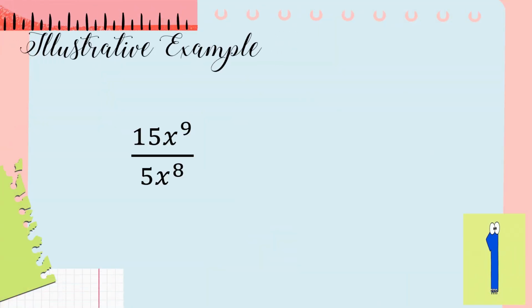Our next example, 15x raised to 9 divided by 5x raised to 8. Now we will divide 15 and 5. So 15 divided by 5, that is 3. And then we have the base x and the exponents 9 and 8.